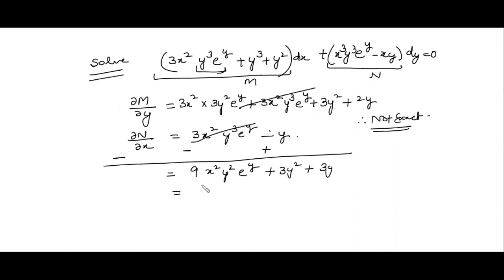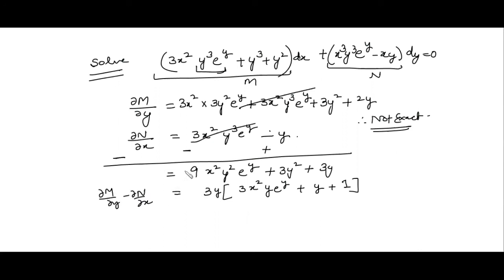So we can take 3y to be common. We get 3x square y e to the power y plus y plus 1. So this is curly m upon curly y minus curly n upon curly x.